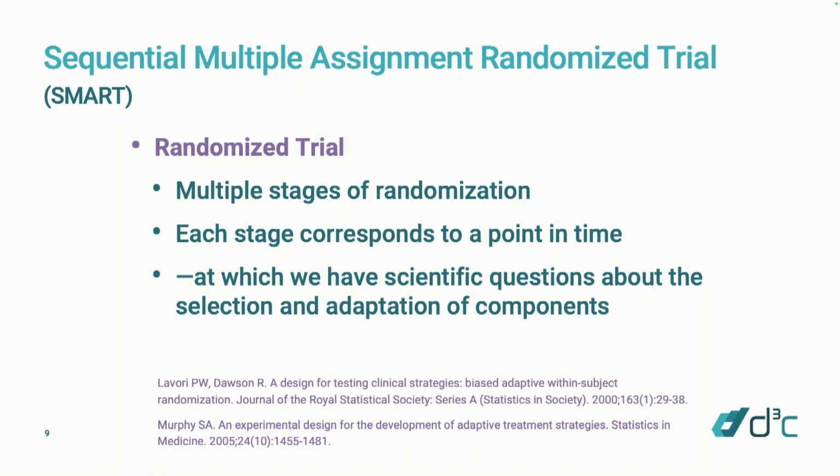This is why we have the SMART. We know what the SMART is. It's a randomized trial. It's an experimental design that involves sequential randomizations. In the SMART, each stage of randomizations corresponds to a decision point in the adaptive intervention that you want to develop, in which you, the scientist, have scientific questions about the selection and adaptation of components.